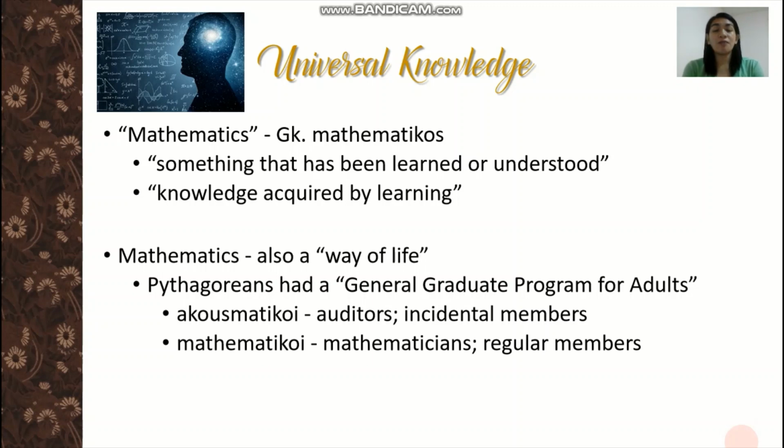You have the acousmaticoi or the auditors, who are the incidental members, so they join the program only when needed. Then we also have the mathematicoi, the real mathematicians, who are the regular members of the program. So it became part of the activities of the people involved in the program.